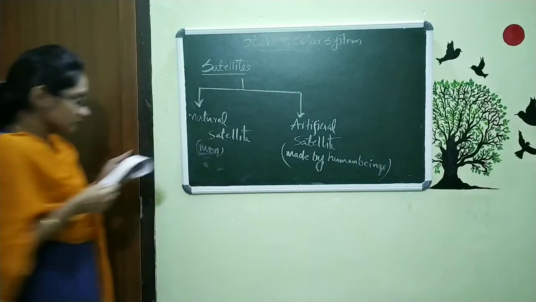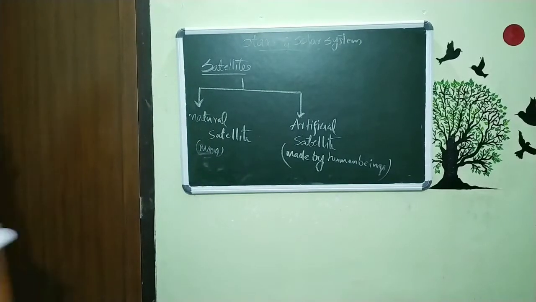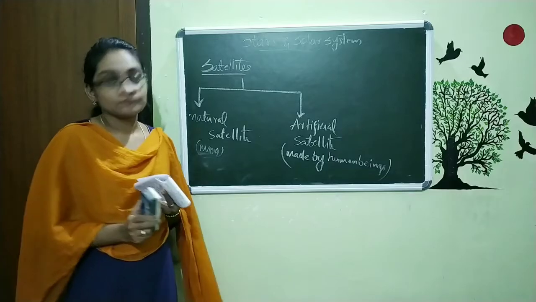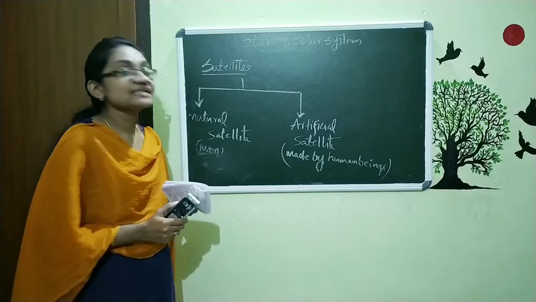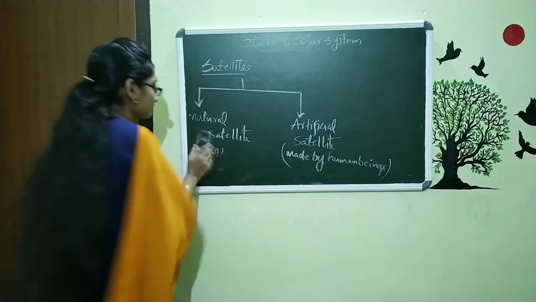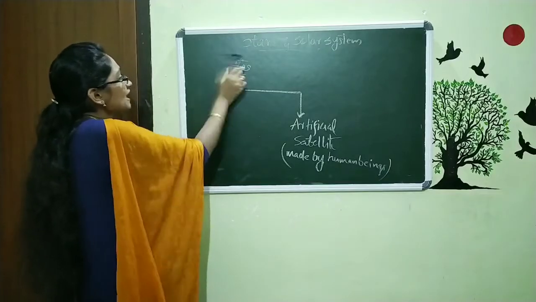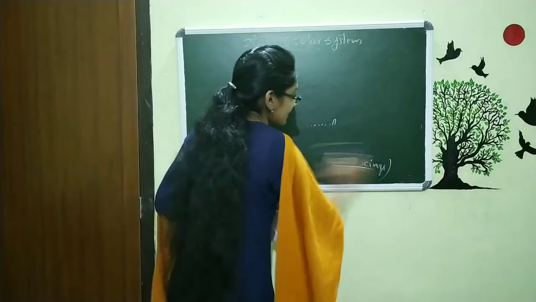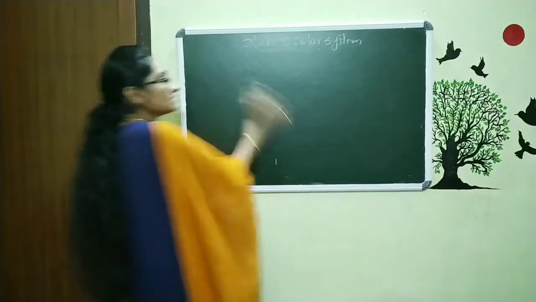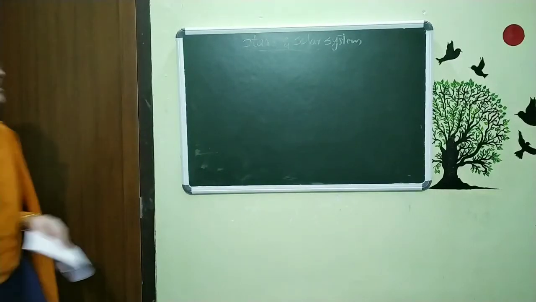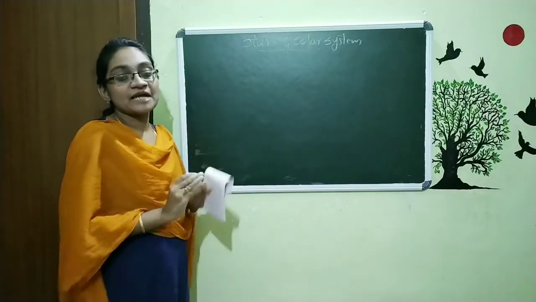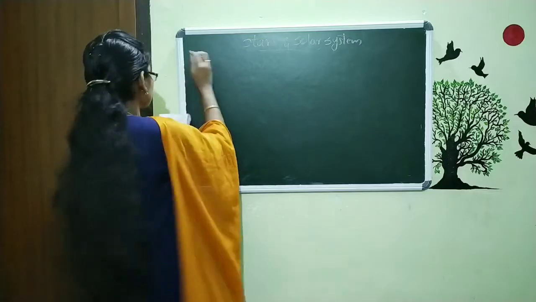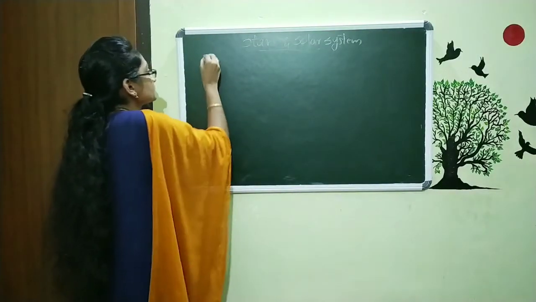Now we are going to the further topics. We started from the planets, so we want to study these planets in detail. First we studied about the Sun. Then which is the nearest planet to the Sun? That we are going to study, and that is Mercury.